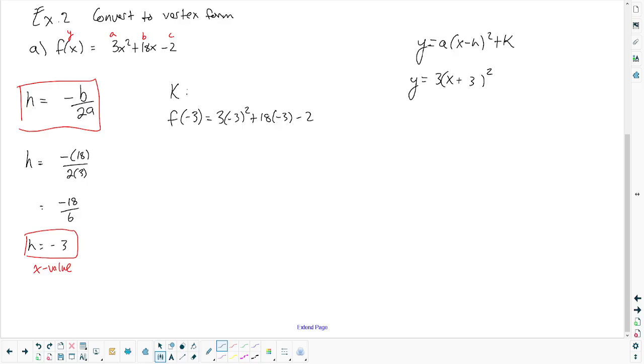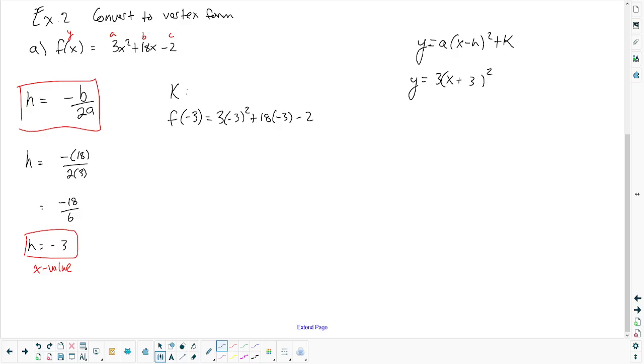Let me make sure I'm doing this correctly. Sorry, the calculator I'm using is not very good. What is 18 times 3? 18 times 3 is 54.